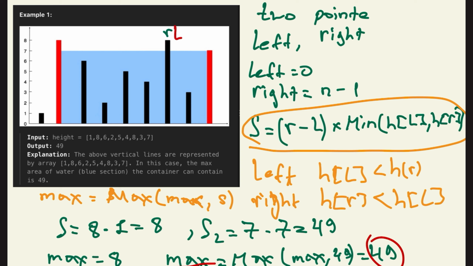So when l and r are equal, that means we need to stop moving them, because there cannot be any water contained. We will return the variable max after all. So that's all we need to do.